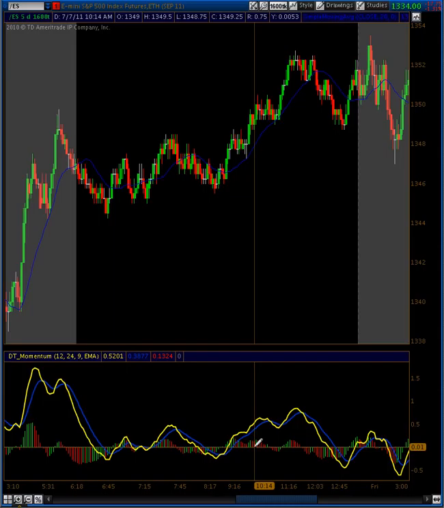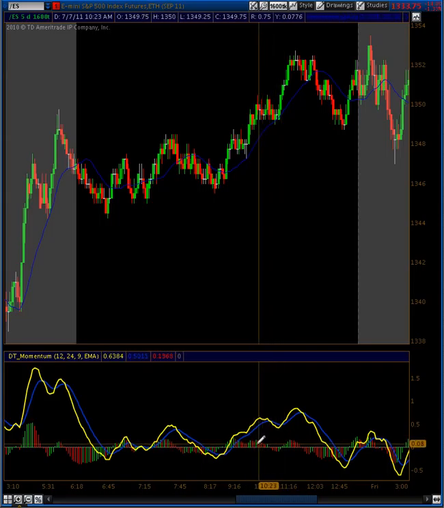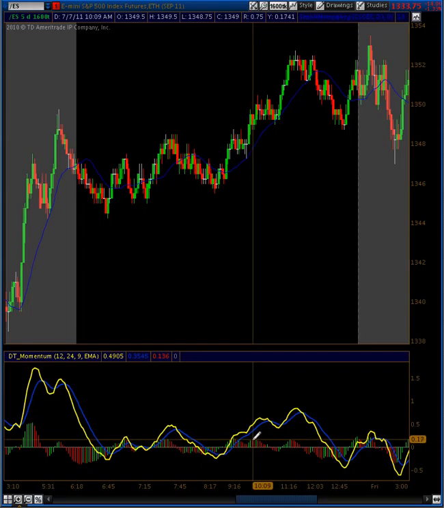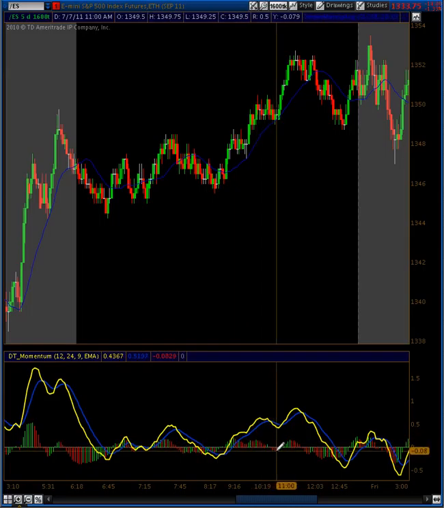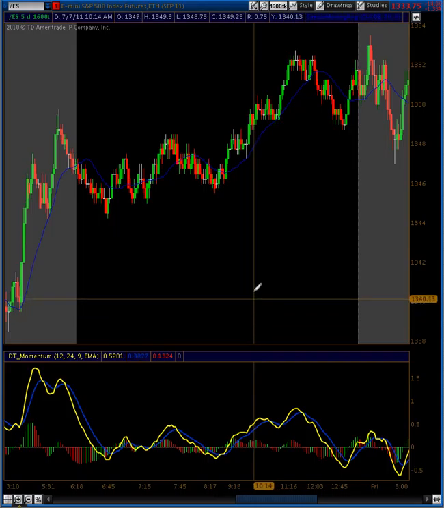If the histogram is above zero, that is an indication that price movement is increasing. So if it's above zero right here, that means there is positive momentum in the market, and whenever it falls below, it means there is negative momentum in the market.